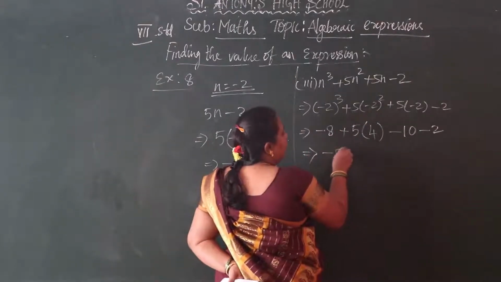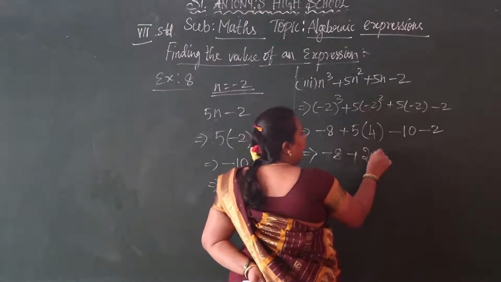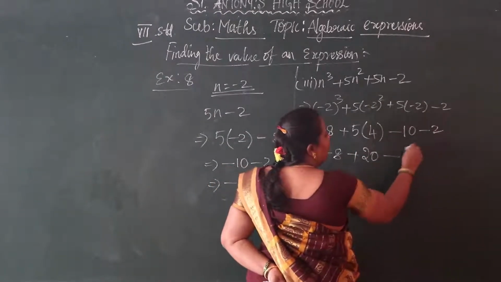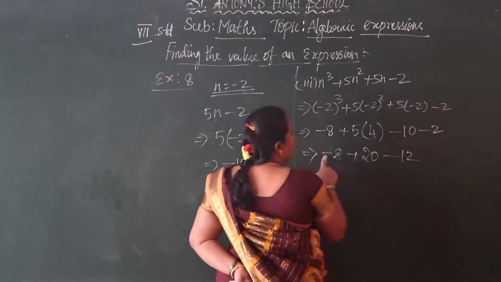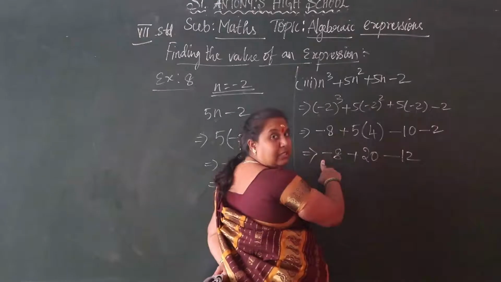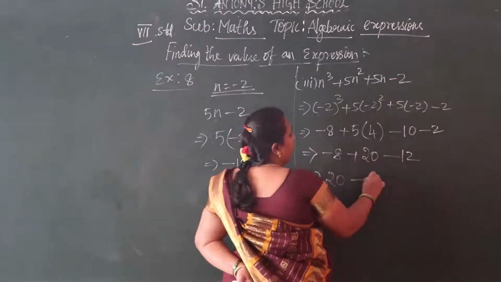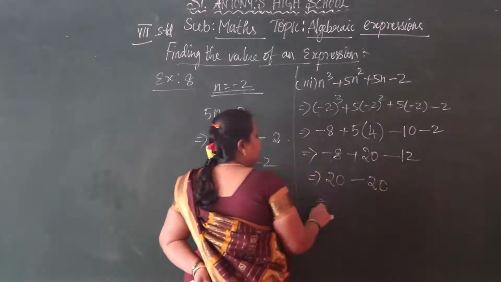So minus 8 plus 5 fours are 20, and minus 10 minus 2 minus 12. Now see, minus 8 minus 12, minus 20. So plus 20 minus 20, you are getting 0.